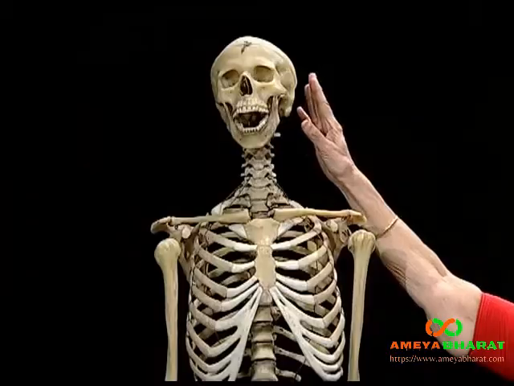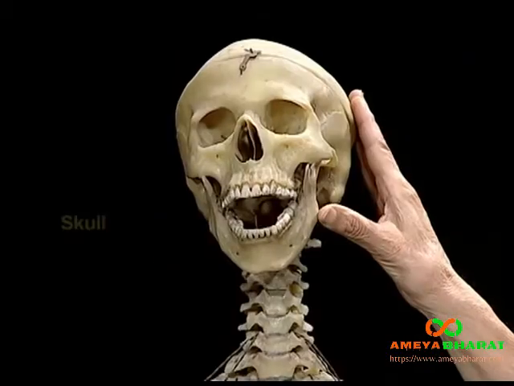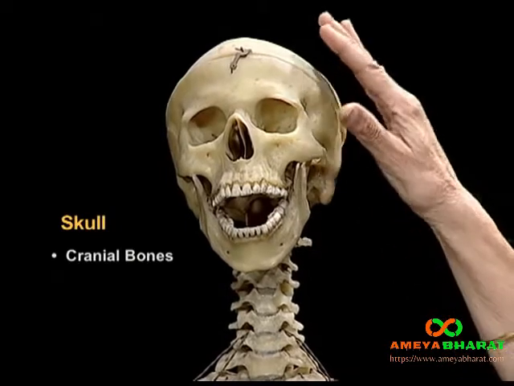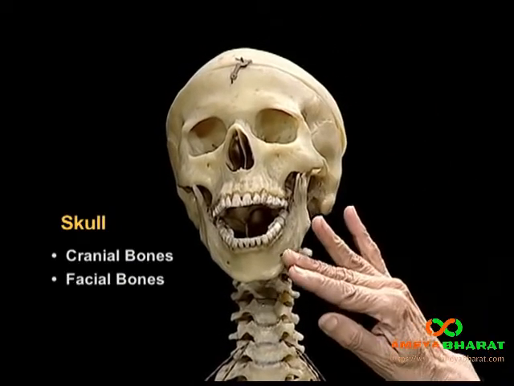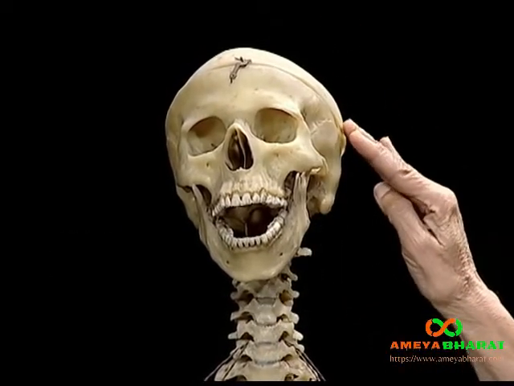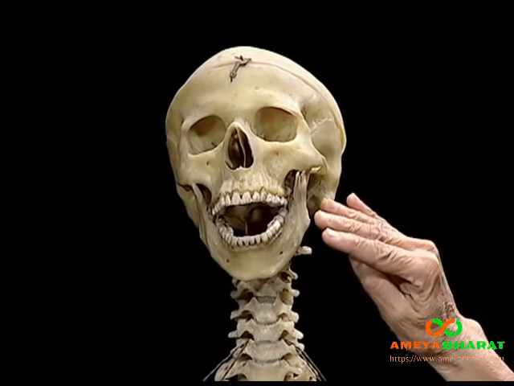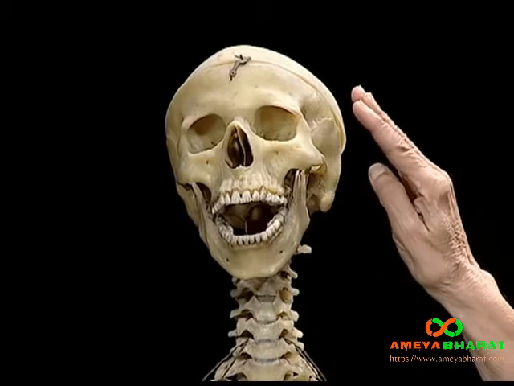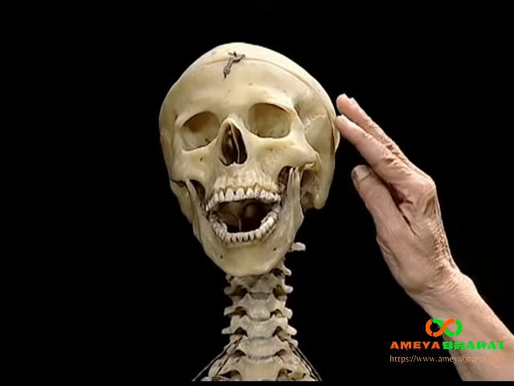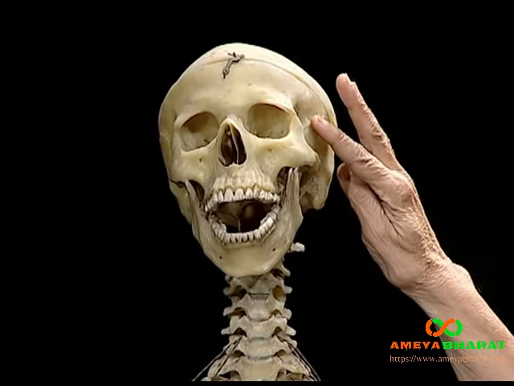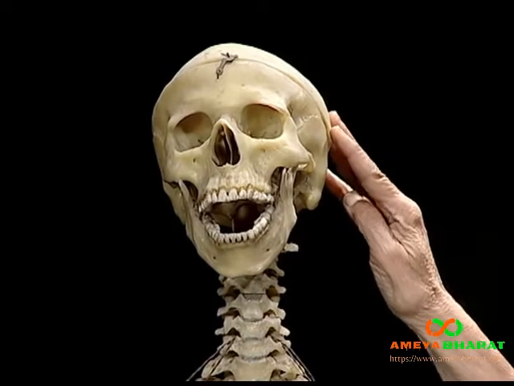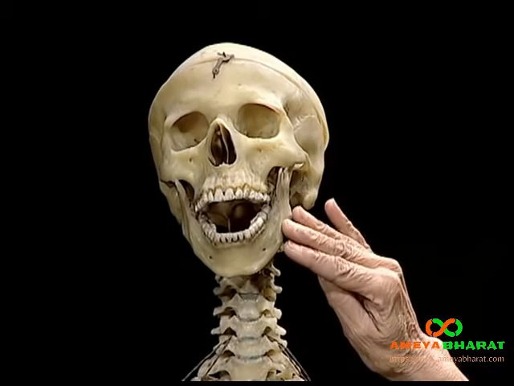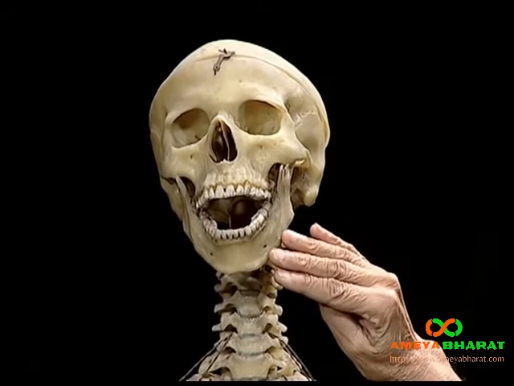You can see the skull here, it has 2 parts, the cranium and the facial bones. There are 8 bones in the cranium and 14 bones in the facial region. The cranium bones are attached to each other by sutures, so they do not move much. Facial bones make the face.